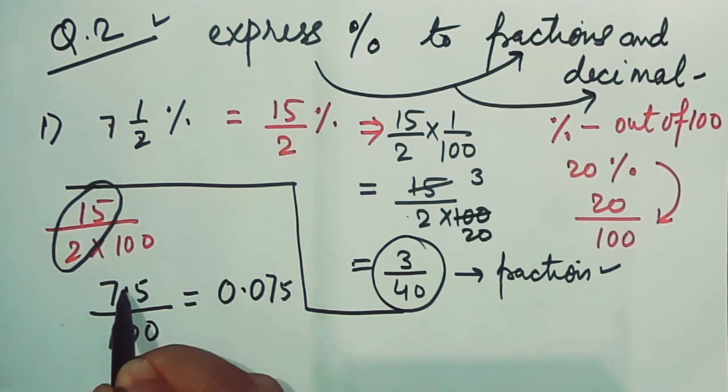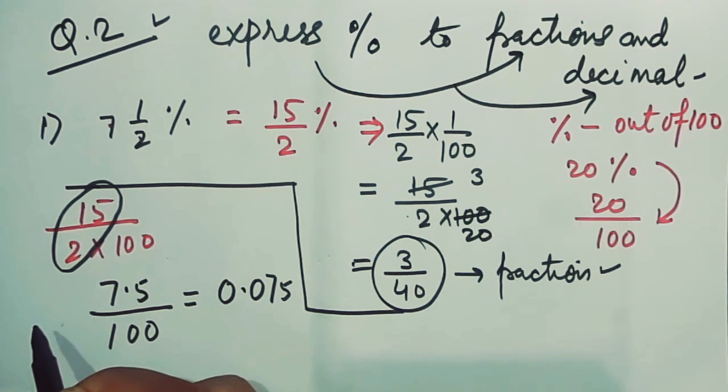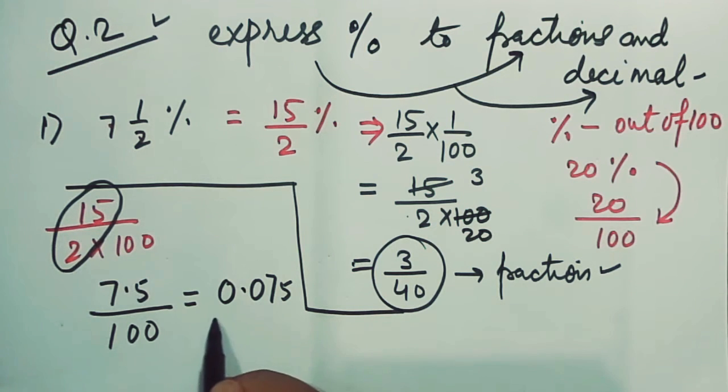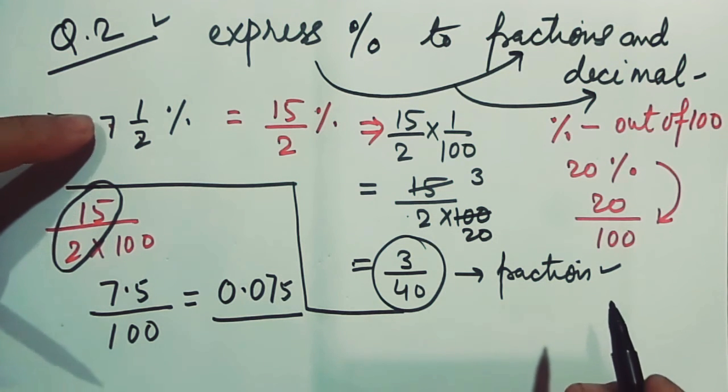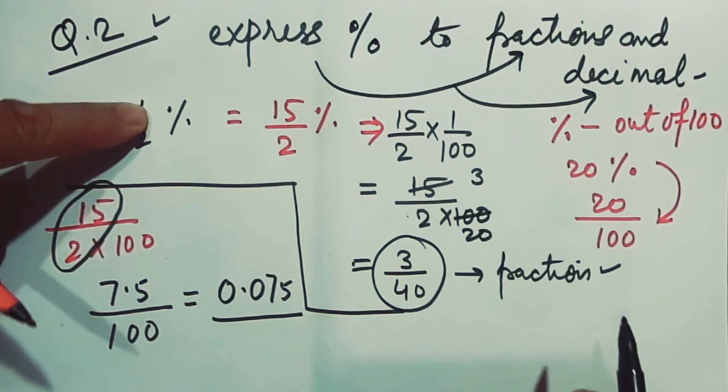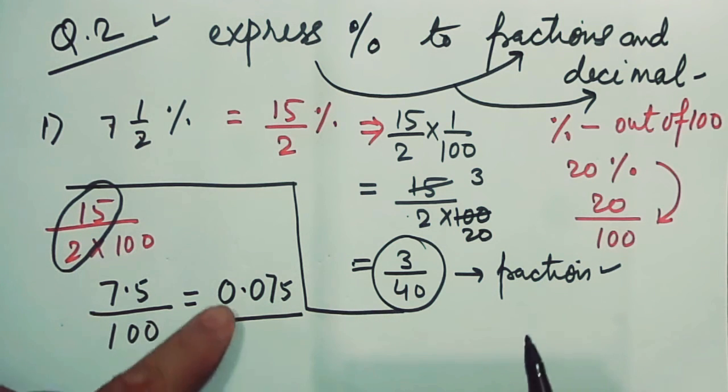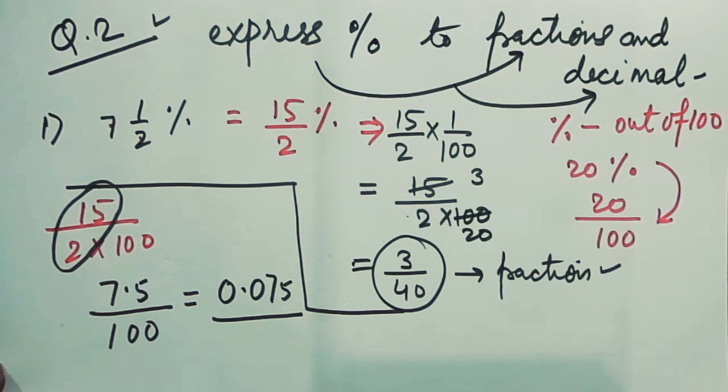The decimal will shift 2 places towards your left hand side and you will get a value in decimal. So what we found is that we have changed the percent into fraction as well as the decimal number.